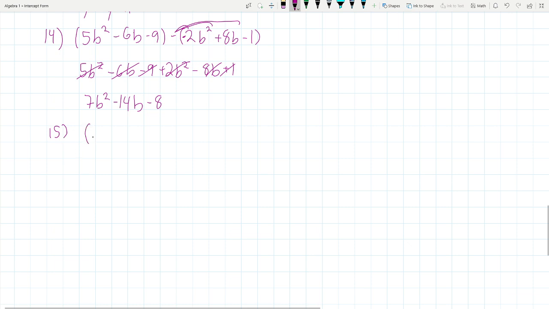And so this group starts with, okay, I guess the problem starts with x cubed minus 8x plus 2, plus 3x cubed plus 7x plus 6.